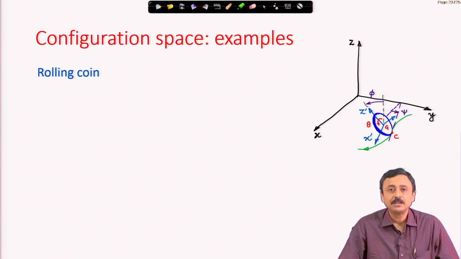In other words, the rate at which phi is changing, the rate at which the tilt of the coin is changing, is measured about x prime.